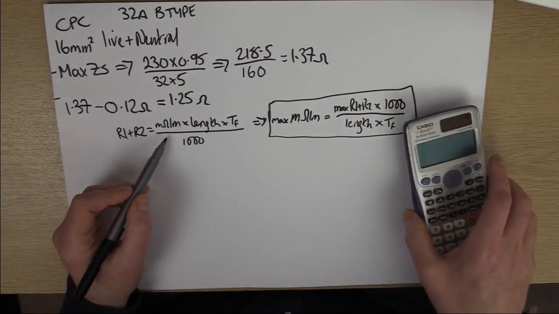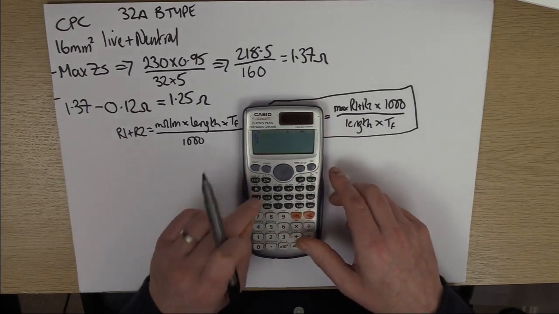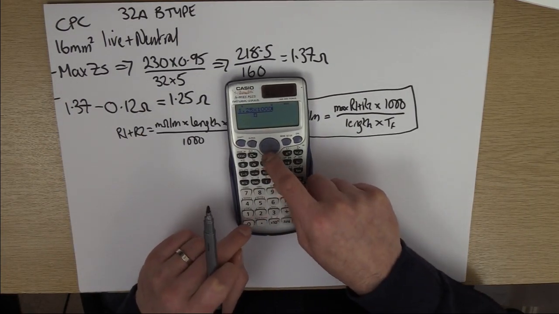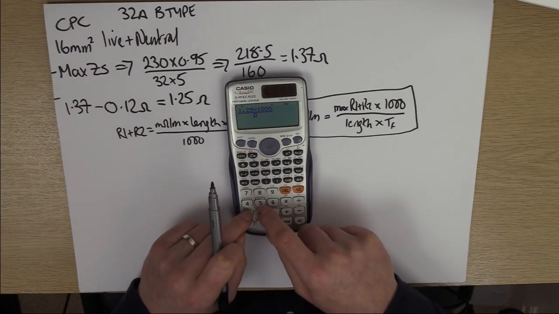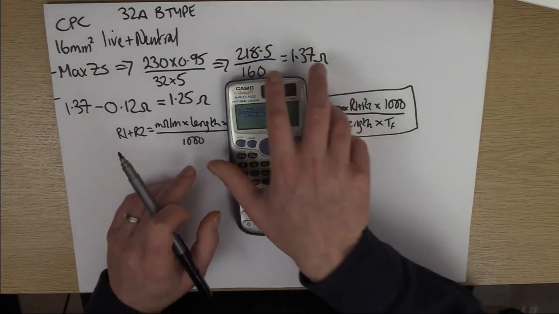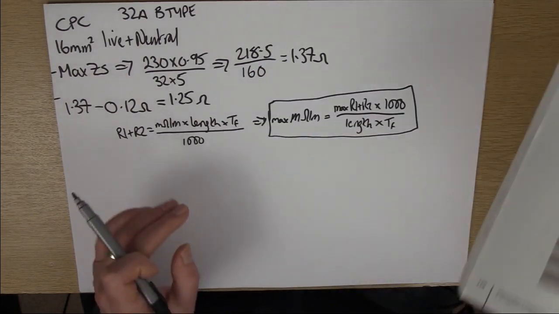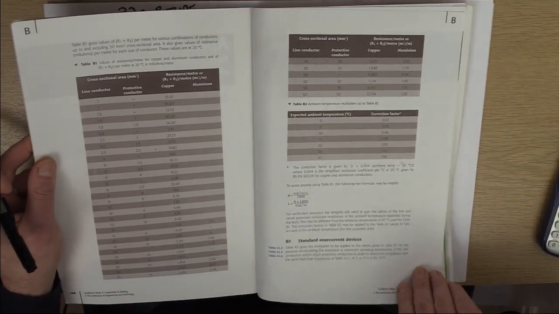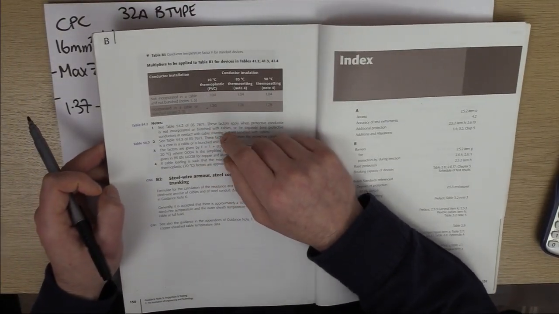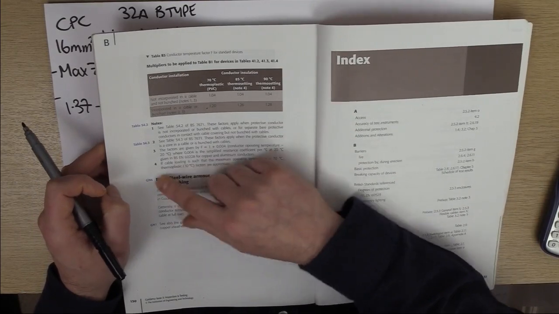So we know our maximum R1, R2, so 1.25 times 1000 over our length, which was 15 meters, times our temperature factor, which is going to be 1.2, but it's table B3 or I3, I think, in the on-site guide.